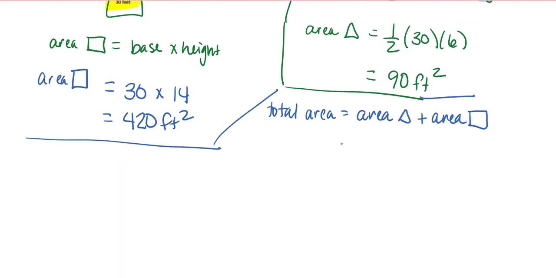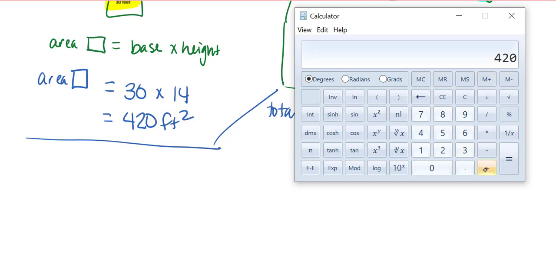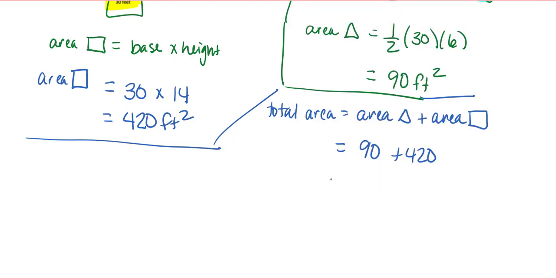So let's calculate. 90 plus 420, we get 510. So what's the total? We get 510 feet squared. So that's how much siding we need to think about. Now let's look at another example.